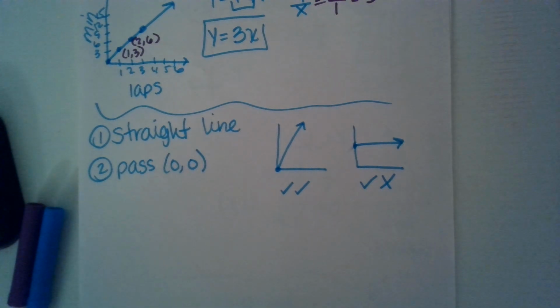Now, I will go over unit rate in a sense that if I was given a word problem, I would ask you, how do you write it as a unit rate?